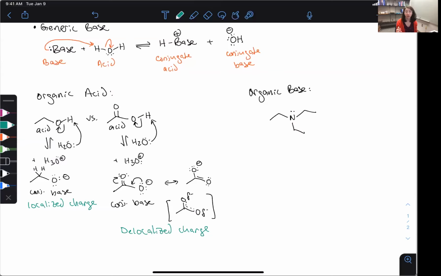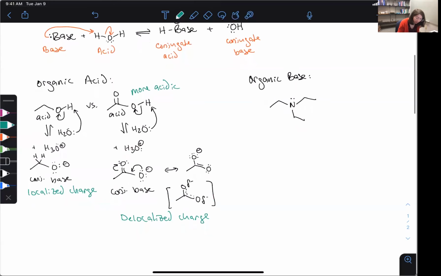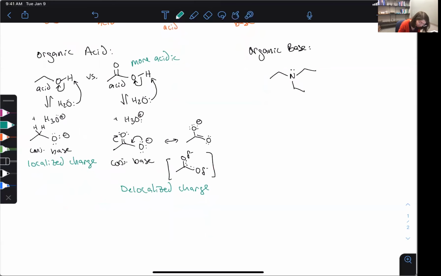So between the two of them, I have negative charges on oxygen, so that is kind of the same, but I can delocalize it over two oxygens in the acetic acid case. So this one is more acidic. Okay, because, and this is a really important idea here, the stronger acid makes the more stable conjugate base.